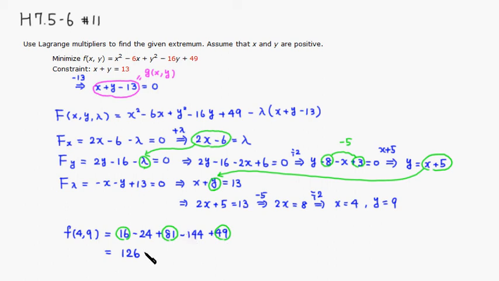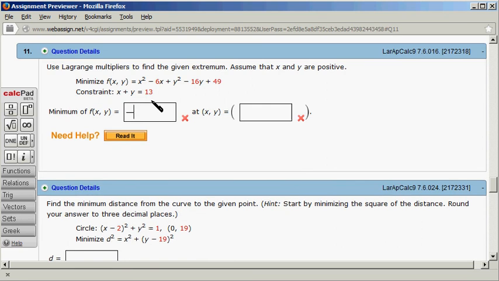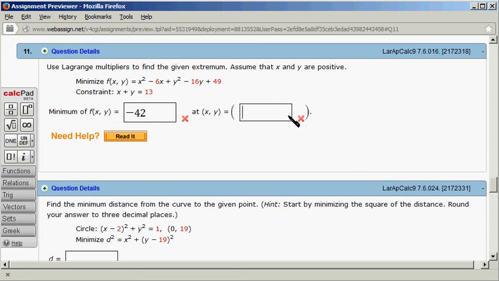And we're subtracting 144, so minus 168. So this is going to be equal to negative 40. Let's type those in. The minimum we found was negative 42, at x, y equals 4, 9.